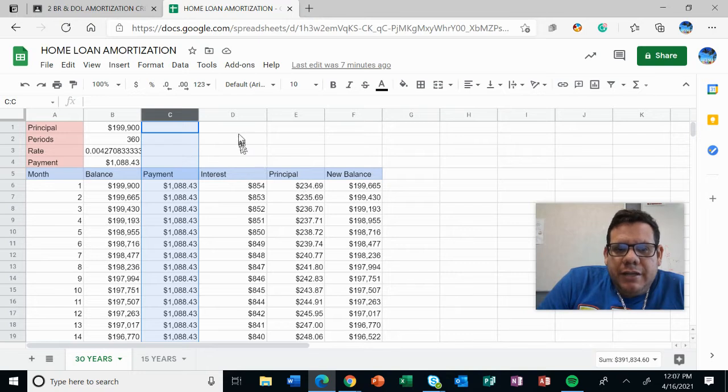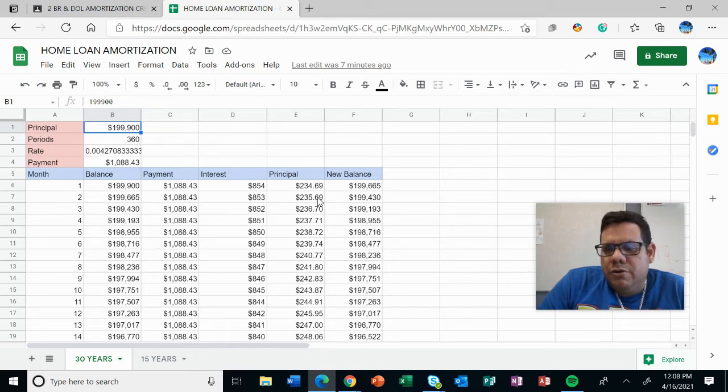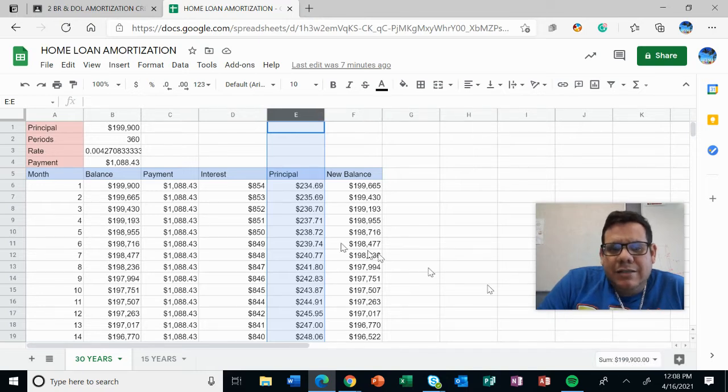So you might ask, why am I paying so much if the credit, the loan that I am asking for, is just this? Remember, the only part of your payment that counts toward your debt is the principal. If you select column E, which is the principal, you will notice that the principal sum is the same as the original loan you got.